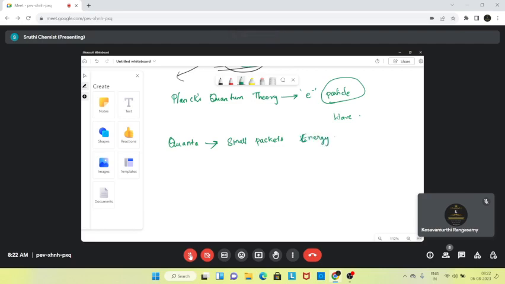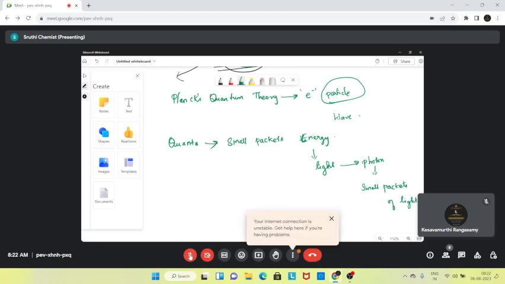Small packets of energy. Energy may be in different forms. If the energy is in the light form, then we can call the quanta photons. Photons are small packets of light. There are many types of energies: light energy, thermal energy.